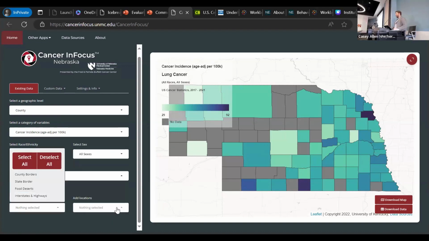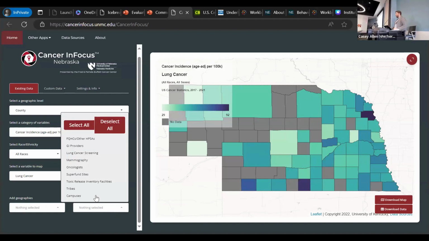Now, the thing that I think is most interesting for this map is that by select tribes, we can see the Omaha and the Winnebago tribes up in Thurston County. And again, we can see those disparities start to emerge between American Indian, Alaska Natives, and then the rest of the state. Dr. Maloney, you have a question in the back.